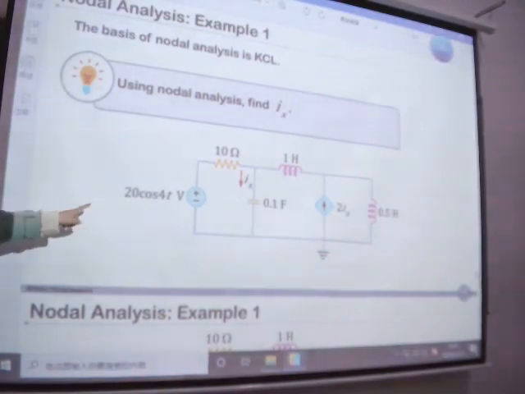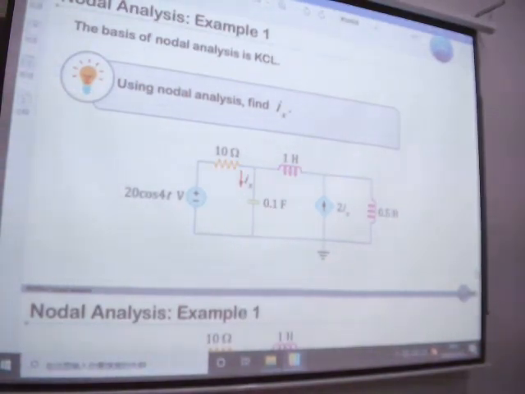For this one, we know the amplitude is 20 and the initial phase angle is 0, so it should be 20 angle 0, right? For R, in the time domain it's R, in the frequency domain it's still R, so it's 10. We don't change it.